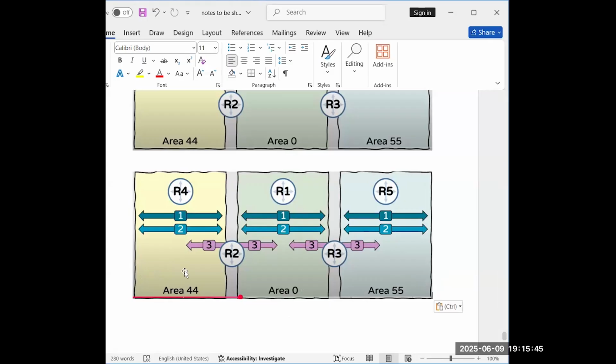Apart from OSPF routing, if any router connects a different routing protocol, then it is called an ASBR.